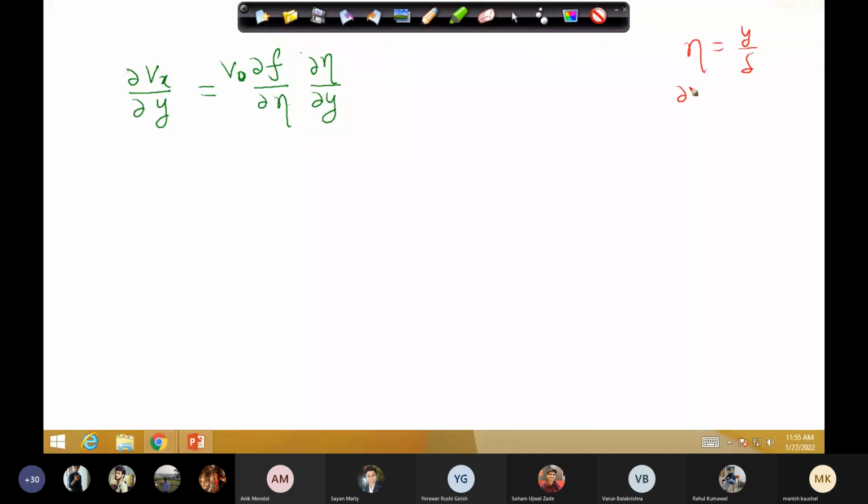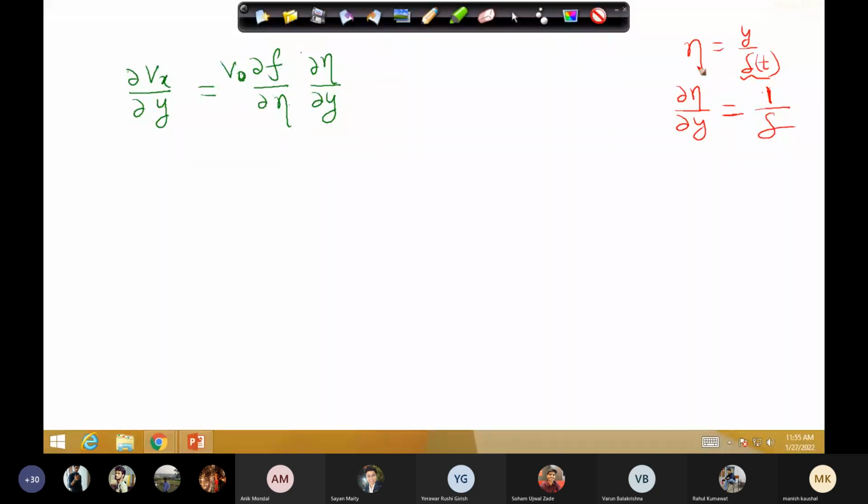So what is dou eta by dou y? It is 1 by delta, because delta is a function of time only.